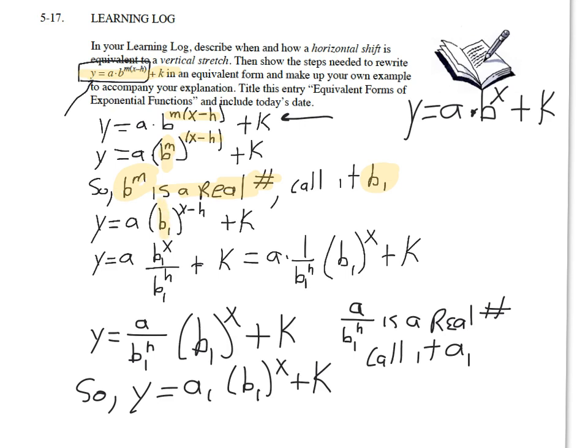So my statement is now a times b sub 1 raised to the x minus h. Well, using that property of b being raised to subtraction in my exponent, that is really b sub 1 to the x divided by b sub 1 to the h, and then I got my plus k.